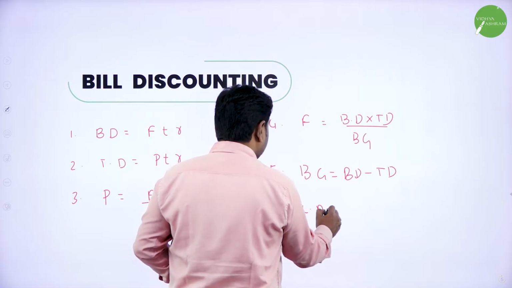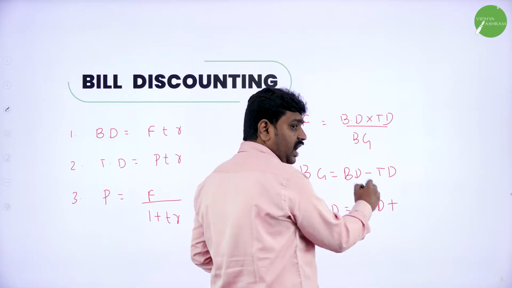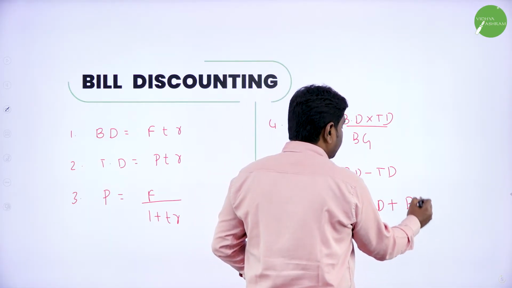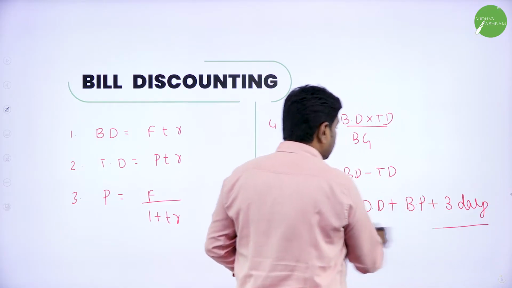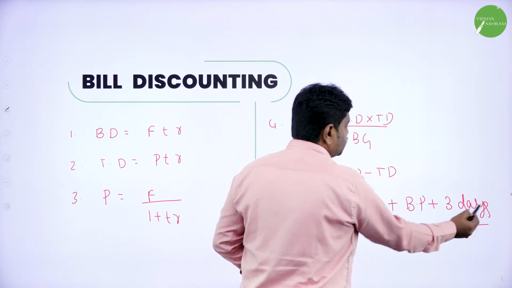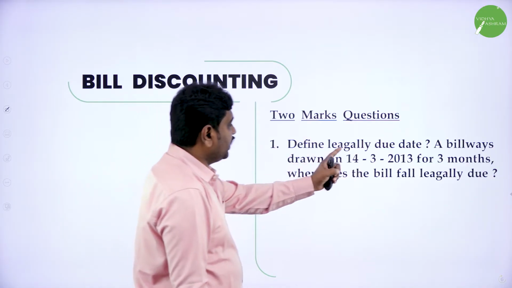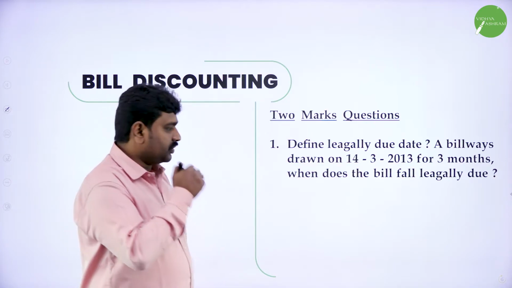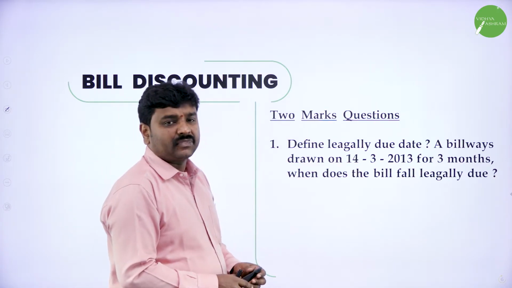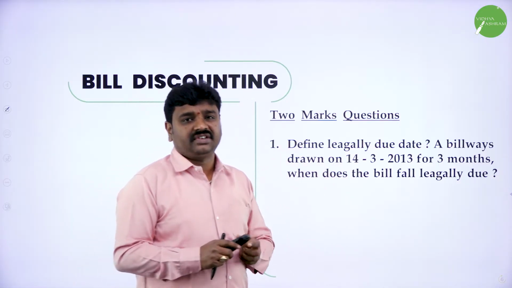And then legally due date. What is LDD? Take the drawn date, add the bill period, and for that add 3 grace days. The date you get is called LDD, legally due date. Now, define legally due date. Legally due date is defined as the sum of drawn date and bill period plus 3 days.